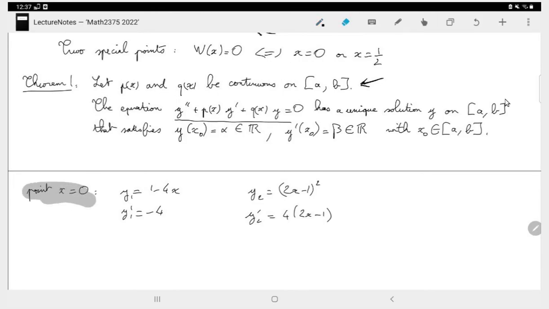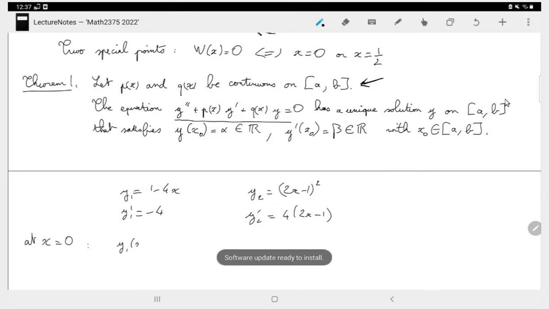So at x equals 0, y1 is 1. y1 prime at x equals 0 is minus 4. And similarly for y2 at x equals 0, I get 1 as well. And y2 prime at x equals 0 is, if I plug x equals 0 in there, minus 4.